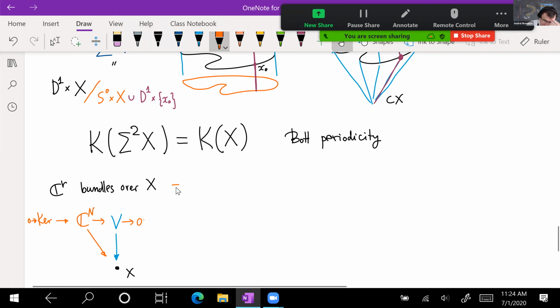So this is the same as the homotopy classes of maps from X. The square brackets mean we study homotopy classes of maps to the space which is the Grassmannian of r-dimensional subspaces, and since we don't know how many sections we will need to generate V, it's convenient to let n go to infinity.